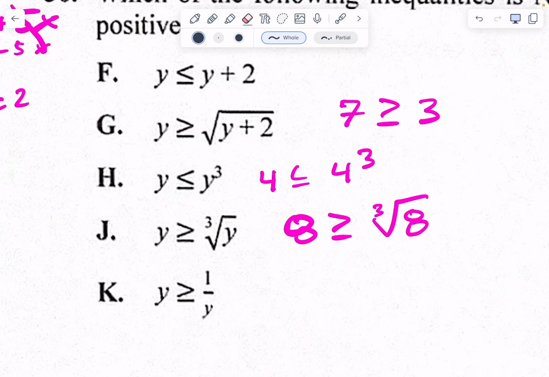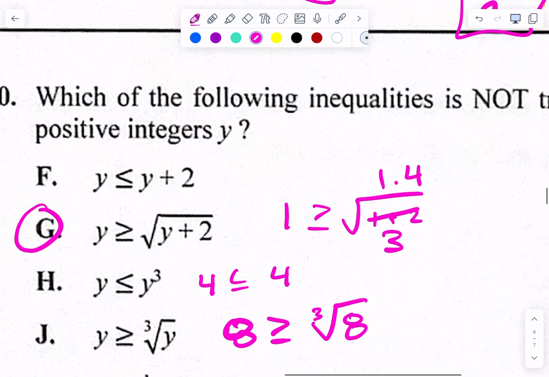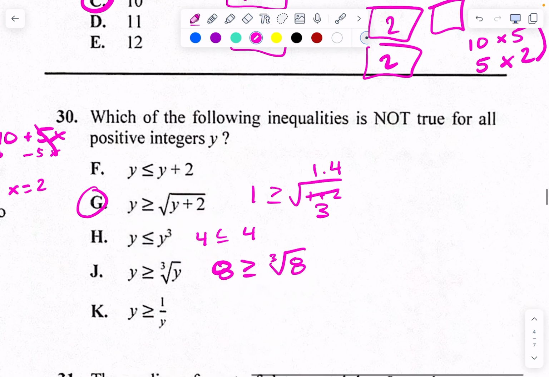Oh, I know, G. 1 is greater than or equal to the square root of 1 plus 2. The square root of 3 is like 1.4 something. It's G. It's not true. Which of the following is not true for all positive integers?